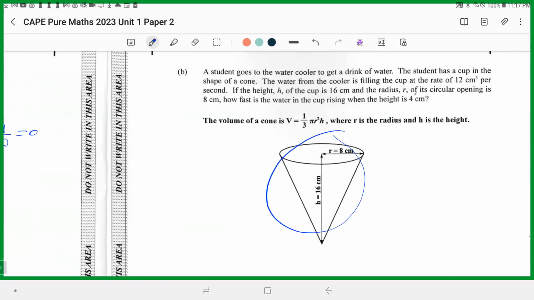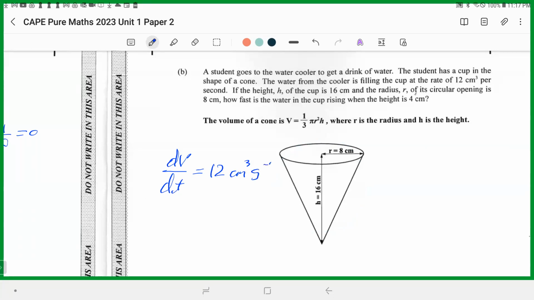The water from the cooler is filling the cup at a rate of 12 cm cubed per second. So this is a connected rate of change. The information here is that dV by dt, the rate of flow of the water, is 12 centimeters cubed per second.